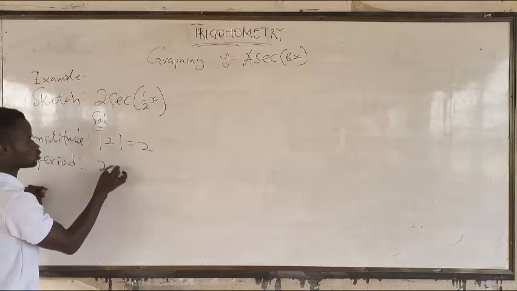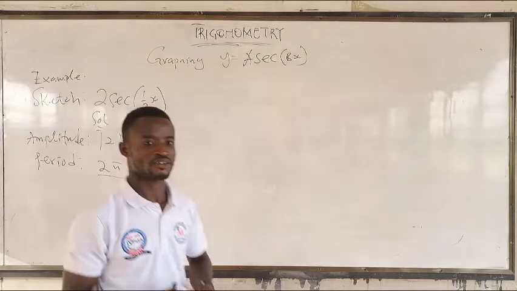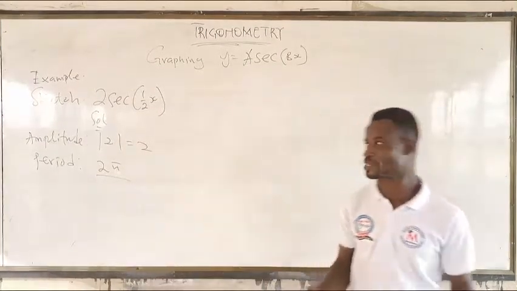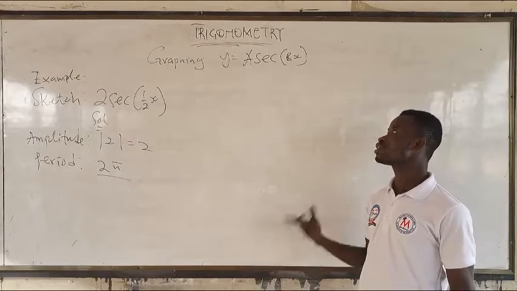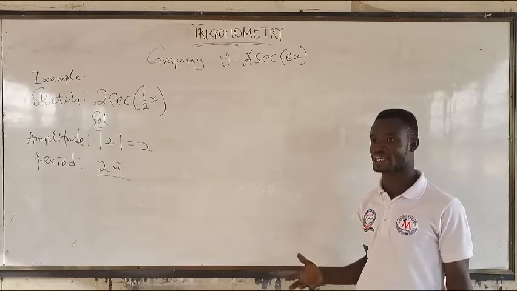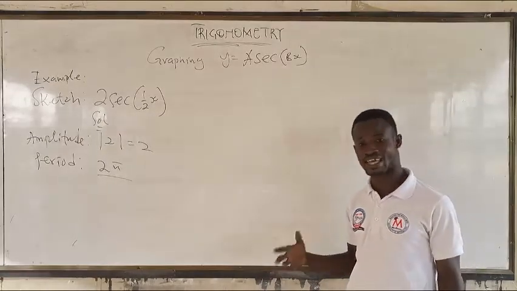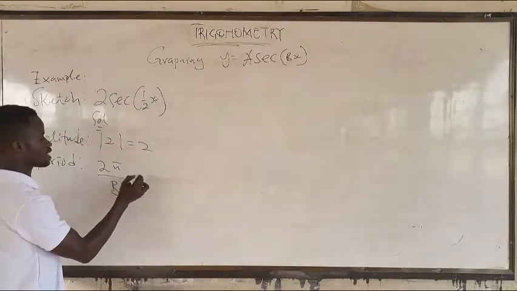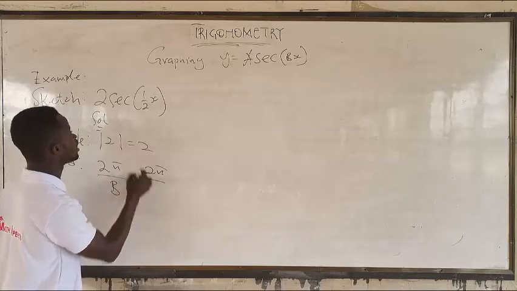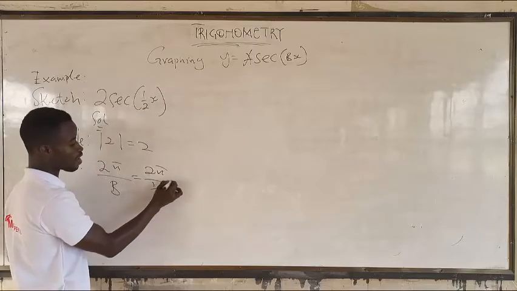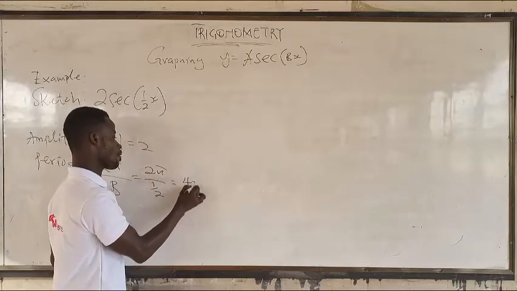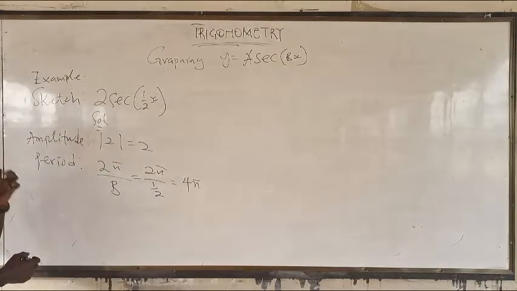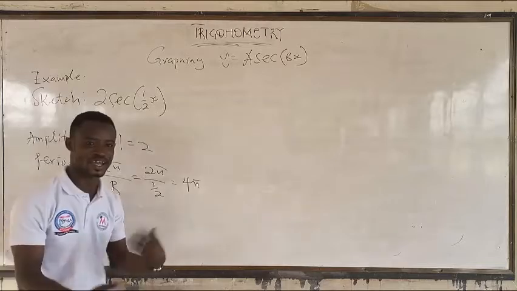You have to know that it's not always 2 pi over b, but check. Know that for cos the period is 2 pi. Therefore, the reciprocal, which is sec, is also going to be 2 pi. So here it is 2 pi over b, and that is 2 pi over half, and that is going to give you 4 pi.